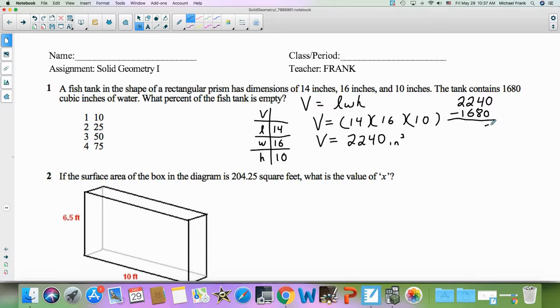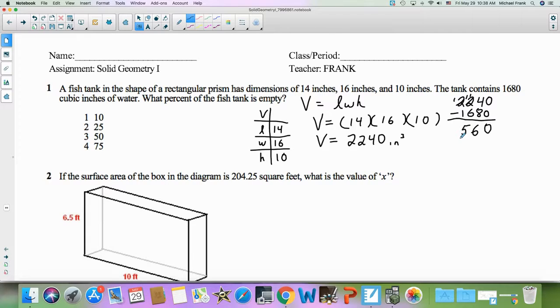And when we subtract that, we get 560 cubic inches of emptiness.